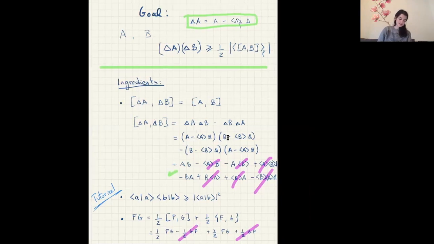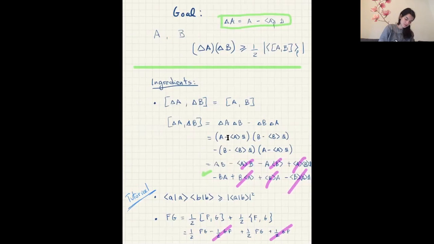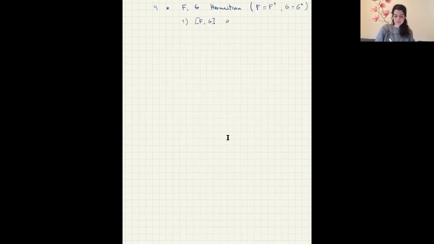And we need one more ingredient. Let's number our ingredients: ingredient 1, 2, 3, and 4. That's if F and G are Hermitian, by which I mean F equals F dagger, G equals G dagger. Then, one, the commutator is anti-Hermitian.